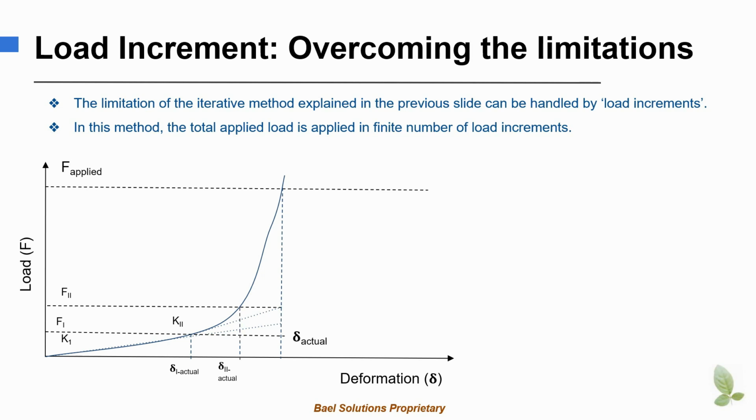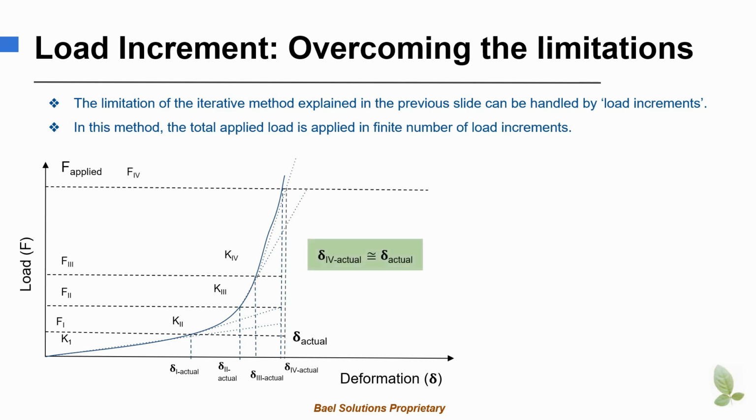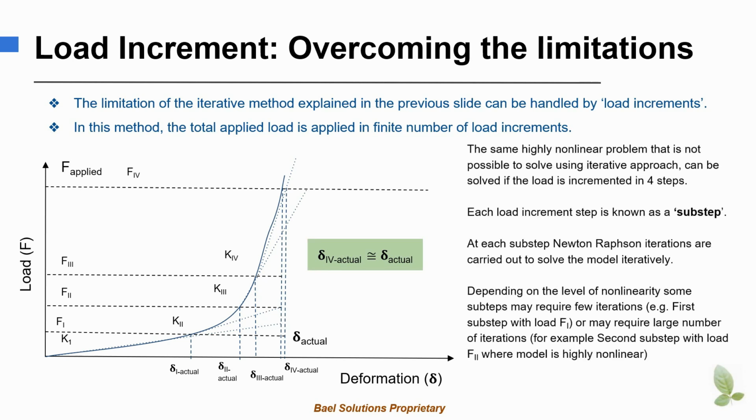As you can see, by applying the load in small increments and solving the model using Newton Raphson iterations at each load increment, we can solve the entire problem in 3 to 4 load increments. Each of these load increments is known as a substep.